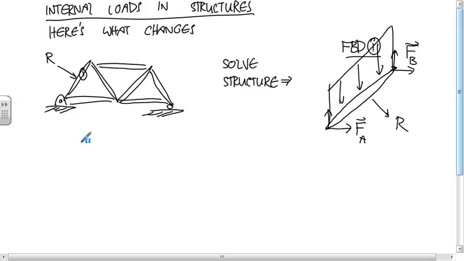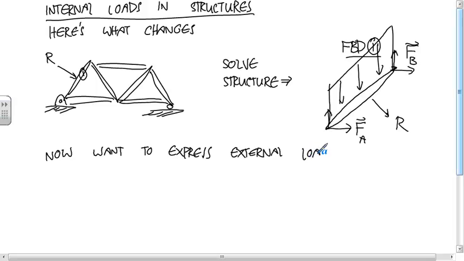But now we want to express all of these external loads in a coordinate system with the x-axis along the beam's axis.